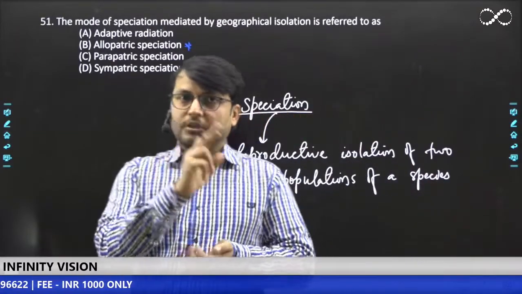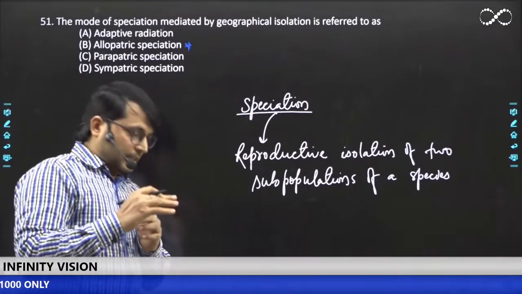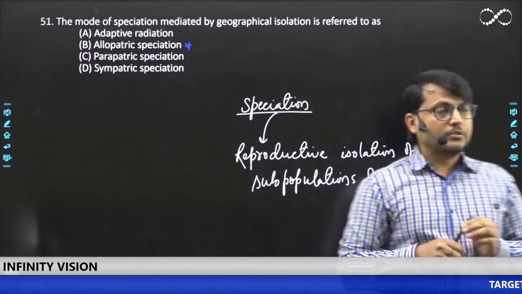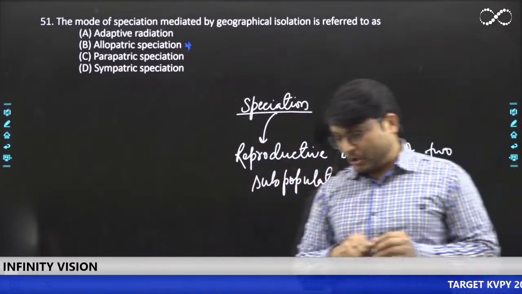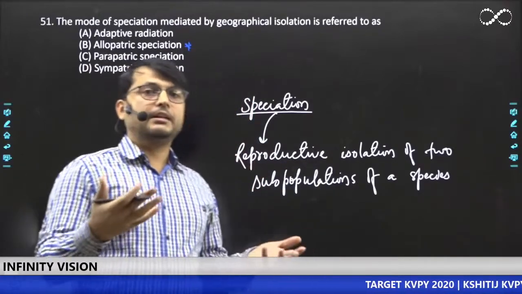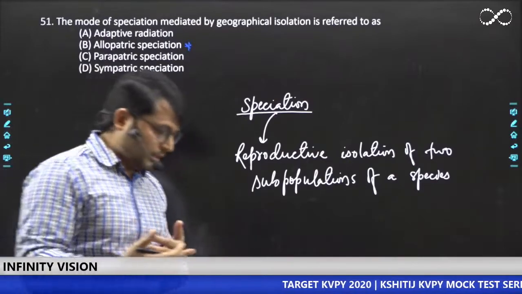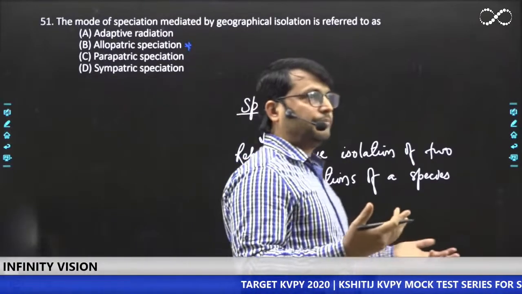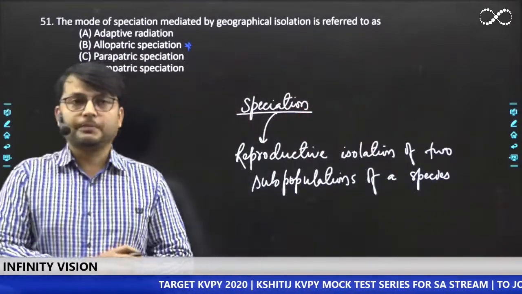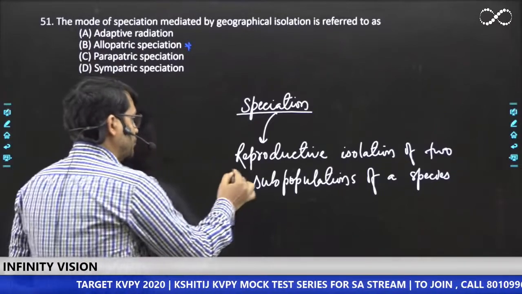Now, how this reproductive isolation is carried out is going to make a difference on the nature of evolution, right? So this reproductive isolation can be brought by a geographical barrier, or by some social, behavioral, hormonal, temporal barriers, right? We will be discussing these later, not today in this session. Today we are only going to discuss the geographical barrier.